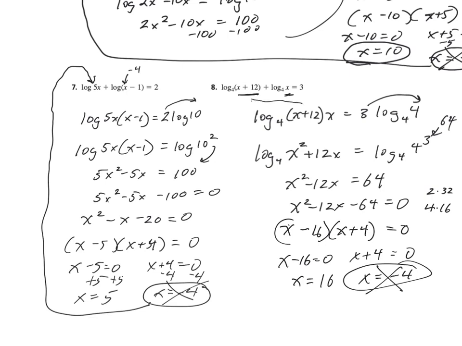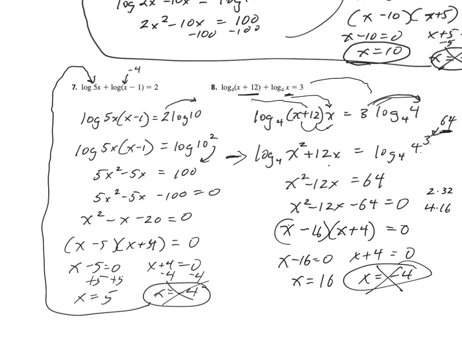So I got x plus 12 times x equals, and then I put in the dummy log base 4 of 4. In my next line, I distribute the x, getting x squared plus 12x, and I put the exponent, the 3, above the 4, so I get 4 to the third, which is 64, by the way.